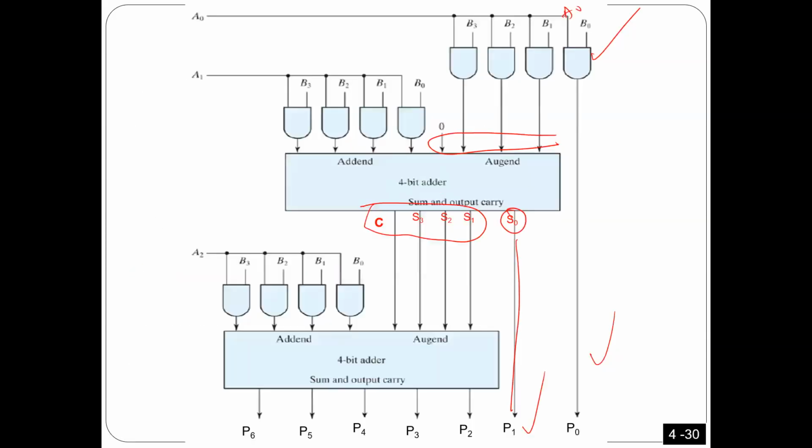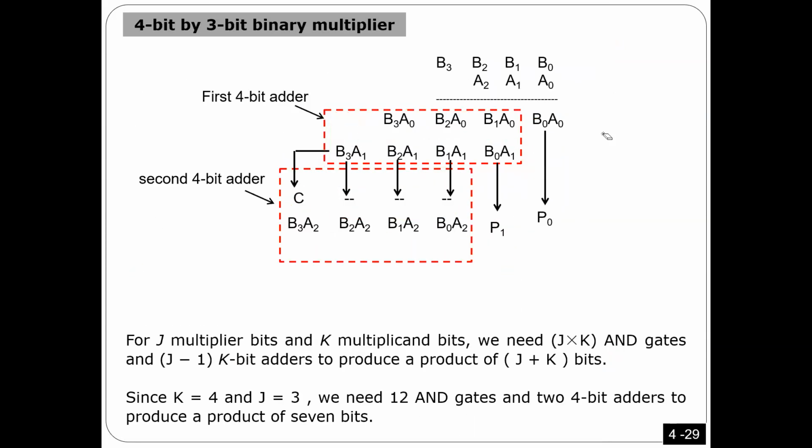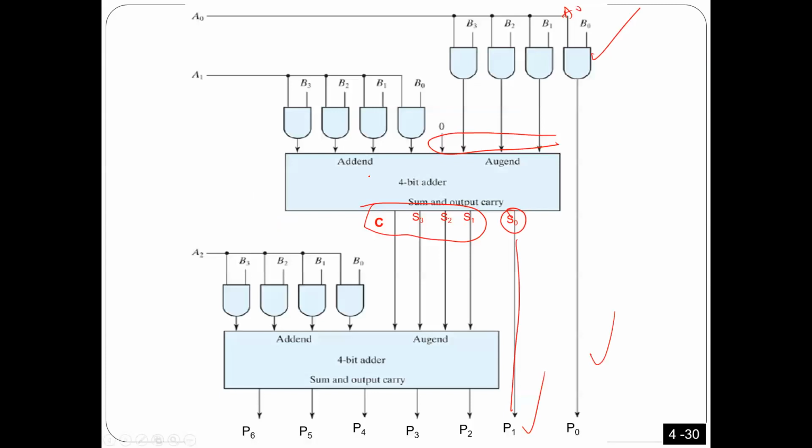The output here should be added to this 4 here. Okay, that's why I need another one here. So I need one adder for this part, and then I need another adder that's gonna take the result of this one, and then add them to this one. That's exactly what I did here.